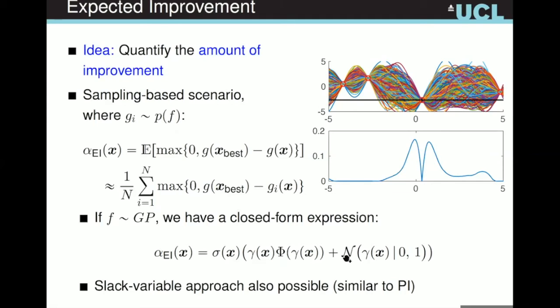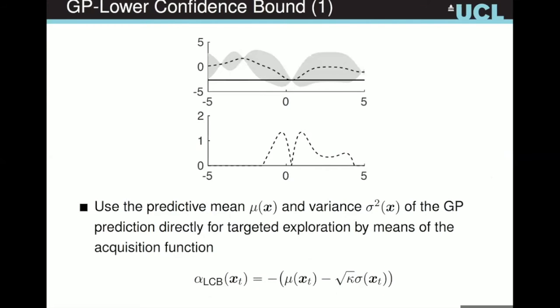So similar to earlier, we can also add slack variables here to further increase the exploration. But I don't want to go into more details here. So maybe the easiest acquisition function is the lower confidence bound acquisition function. And here the idea is really to use the predictive mean and the variance of the GP for targeted exploration by means of the acquisition functions.